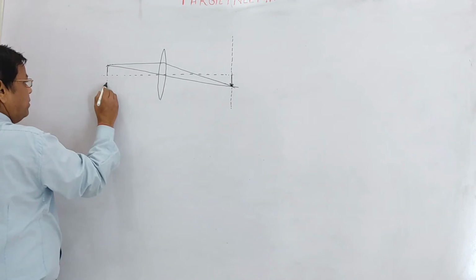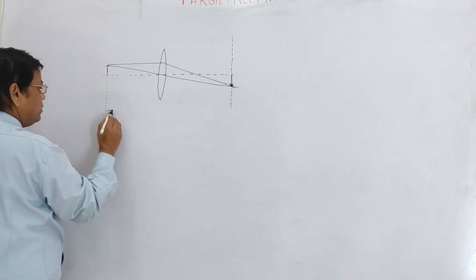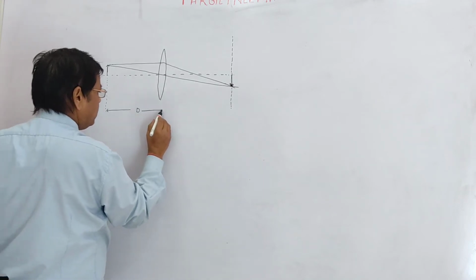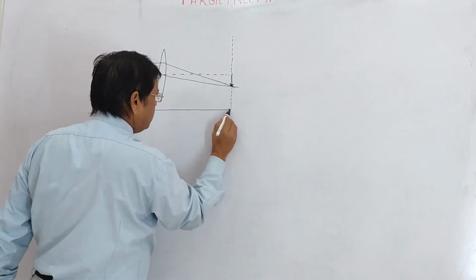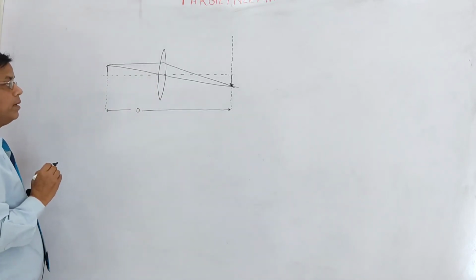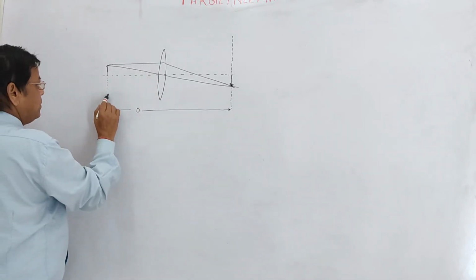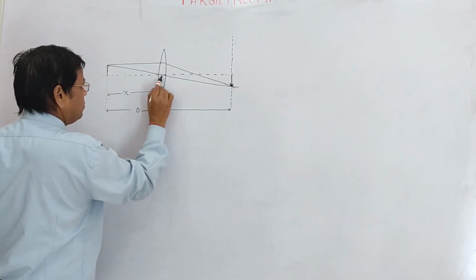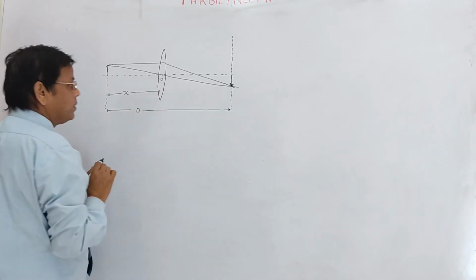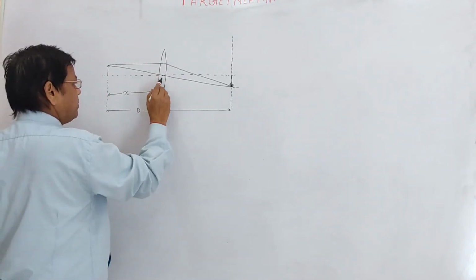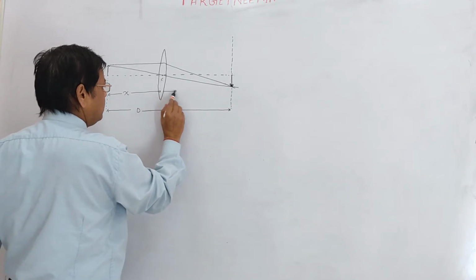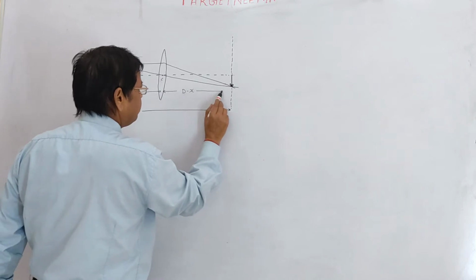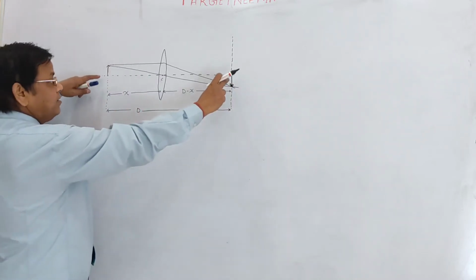Now if the distance between this object and this real image is d, let us take this distance as x, the object distance from the lens. This is the optical center, or c, and this distance is v, so this will be d minus x, because the total distance is d and this is x.